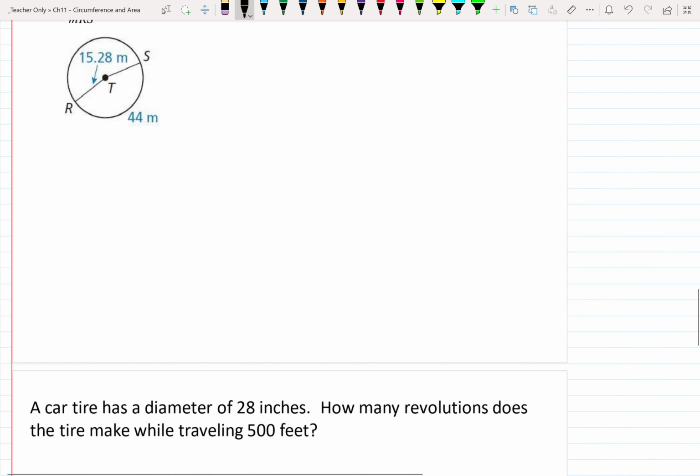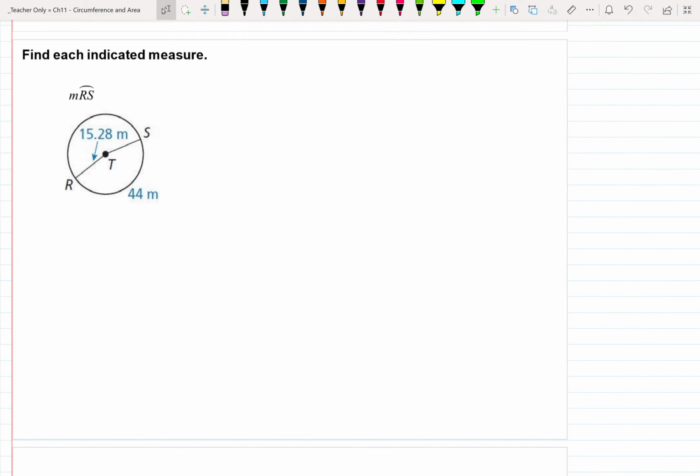We're almost done. We got two more slides. So here we know we have a radius of 15.28, and we have the arc length of 44 meters. And we want to find the arc measure being RS. So let's set up our ratio.